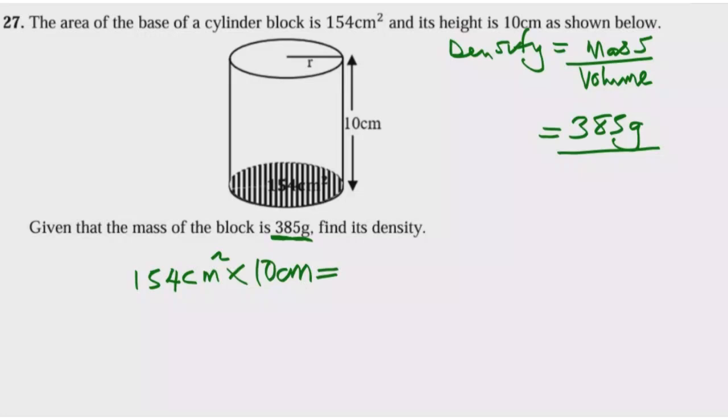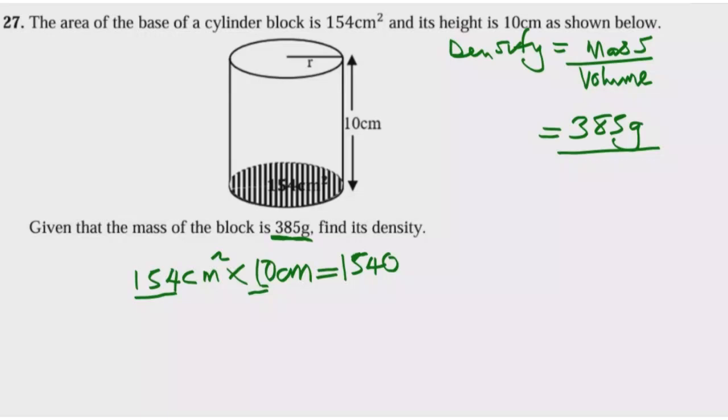The easiest way to do it, you just multiply 1 by 154. So 154 times 1 will give us 154. And then we just get the 0 from 10 and put it here. That is the final answer.